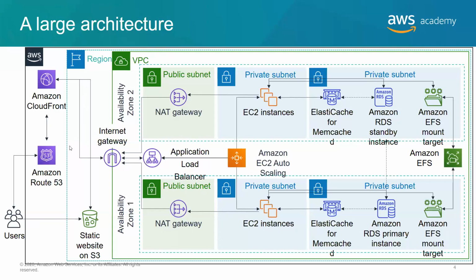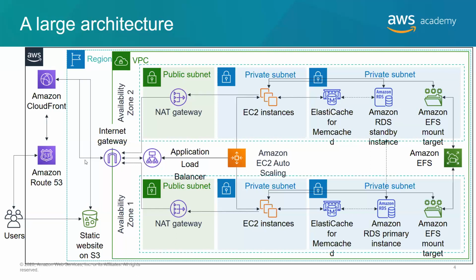Amazon Route 53 is meant for routing, and Amazon CloudFront is for content delivery network. All the objects of my static website, I'm going to store in the S3 bucket, which in turn is connected here.